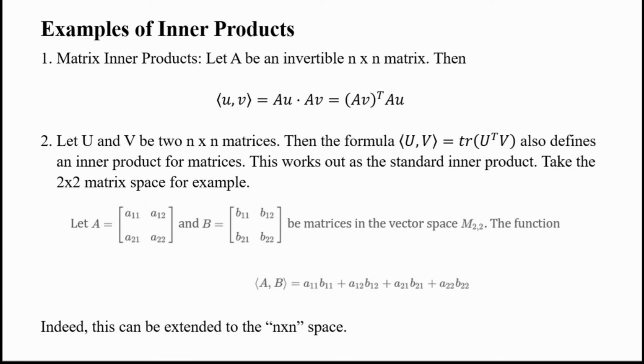Here, the first is the inner product for matrices. Let A be some invertible n by n matrix. Then the inner product of u and v is equal to A times u dot product with A times v, which, in terms of how that looks, especially with graphing calculators, is just the transpose of Av times Au.